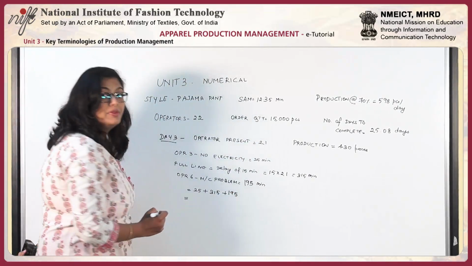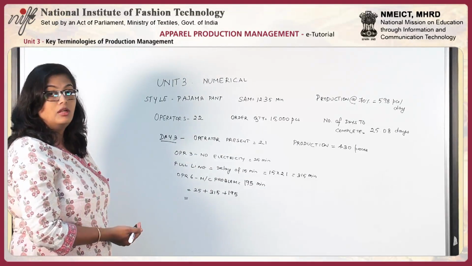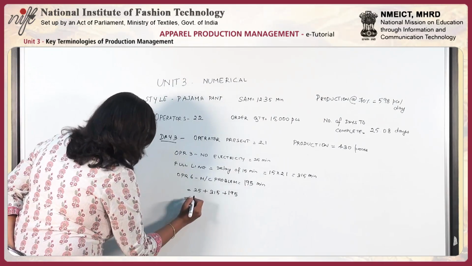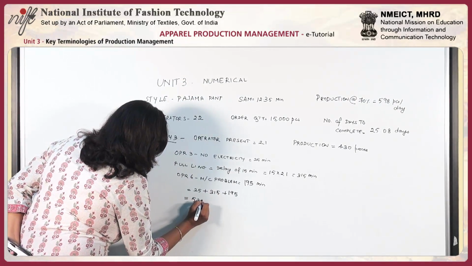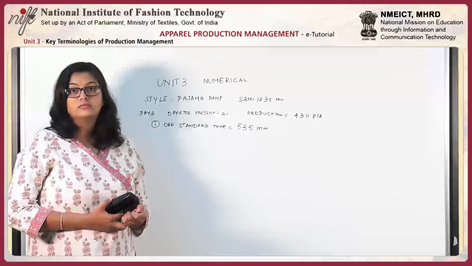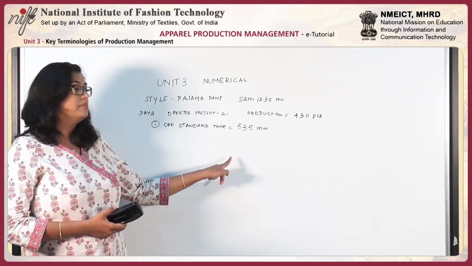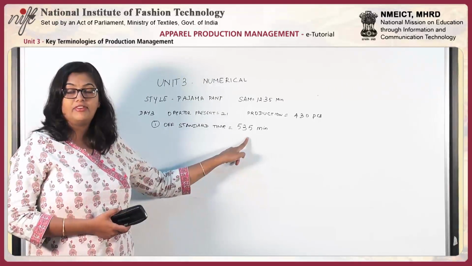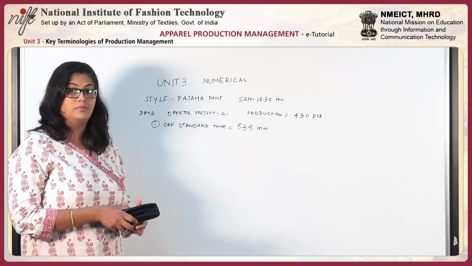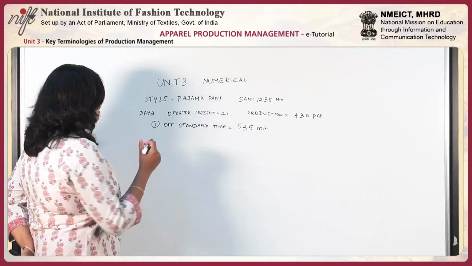In total, the off standard adds up to 535 minutes. Now that we have calculated the off standard time, that is, we have arrived at the time 535 minutes of wastage. Let us try and calculate the on standard time.